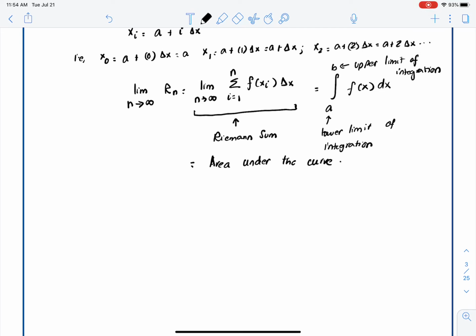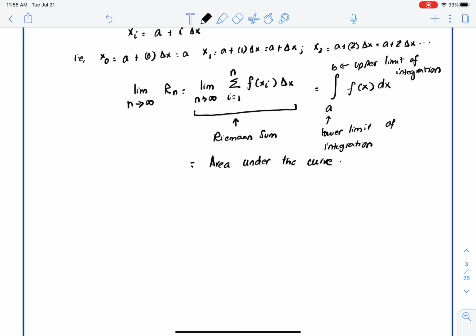Now we're going to find the area under the curve using the Riemann sum approach and directly using some properties, just like we had the derivative of sine x, we had cosine x, derivative of cosine x, we ended up getting negative sine x. So we took the limit of the difference quotient to find the derivative of a function.